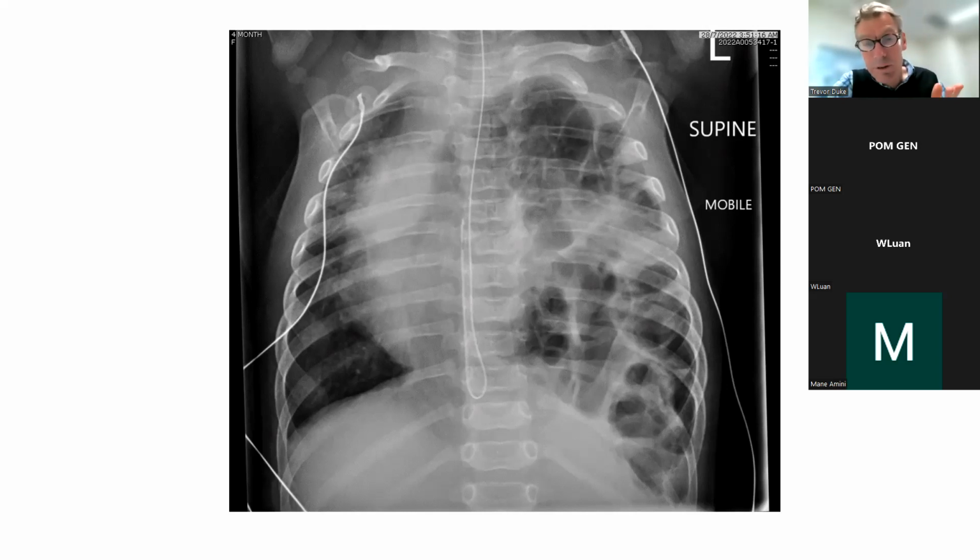When a child has a diaphragmatic hernia, it's not just a defect in the diaphragm leading to the abdominal contents being in the chest. It's not just that. There's also an element of lung hypoplasia, all right?